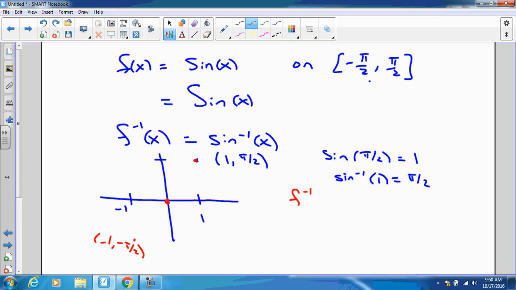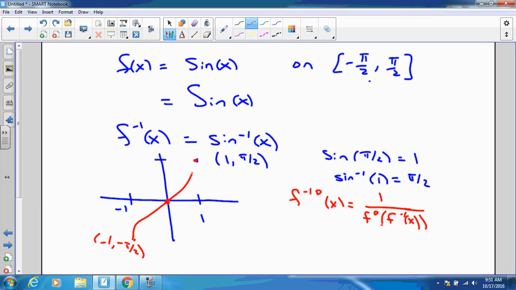Furthermore, from the inverse function theorem, I know that f inverse prime is 1 over f prime of f inverse. So this indicates to me that for any y value for which f prime is positive, the corresponding x value will have a positive slope also. Since f prime is positive on the entire domain of sine here, f inverse prime must be positive as well.